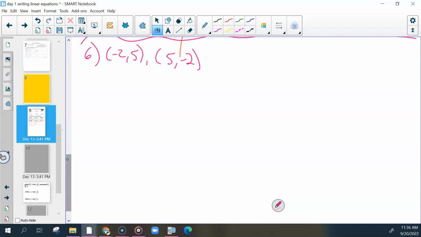So find your slope first. So we have negative 2 minus 5 over 5 minus negative 2. What would this slope be?